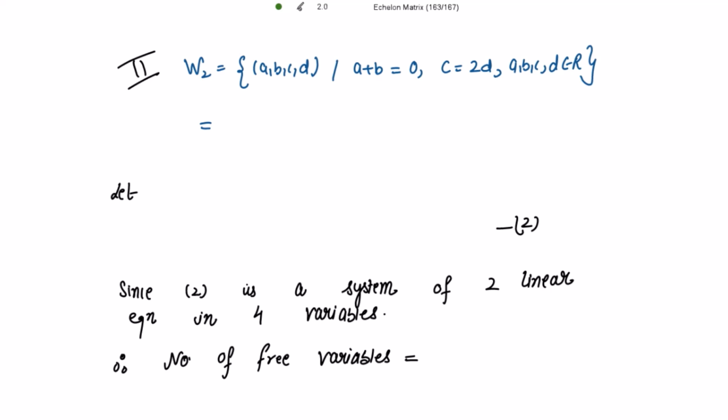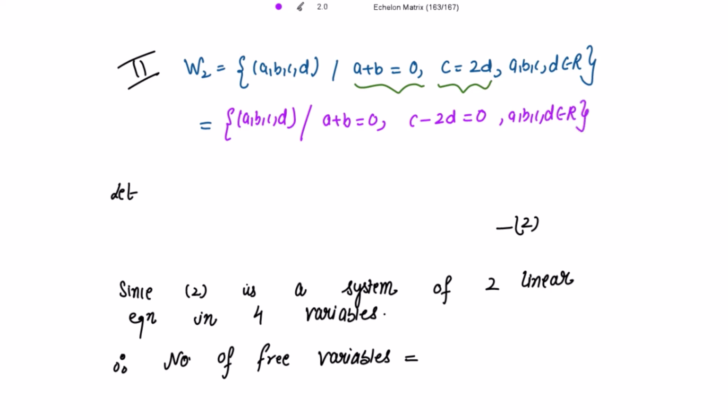Similarly, we need to get the basis and dimension for W2. What is the condition for W2? A plus B equal to 0 and C is equal to 2D. I can write this as vectors (A, B, C, D) of this kind such that A plus B equal to 0 and C minus 2D is equal to 0, where A, B, C, D belong to the set of real numbers.